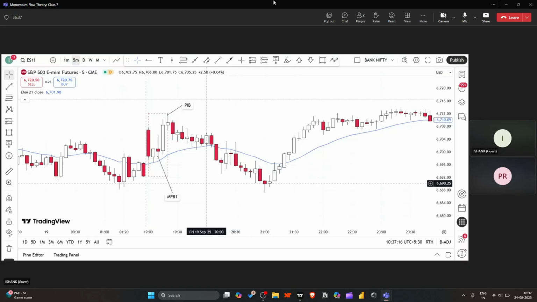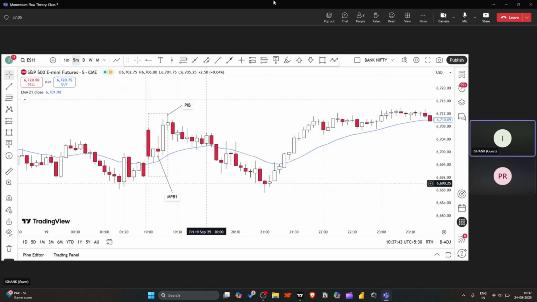Now compare breakout one's leg range and breakout two's leg range. I'm talking within the spike. That is how we see the symmetry. Is it symmetric? No, right? The breakout one is comparatively smaller when compared to breakout two. So it's unsymmetric.